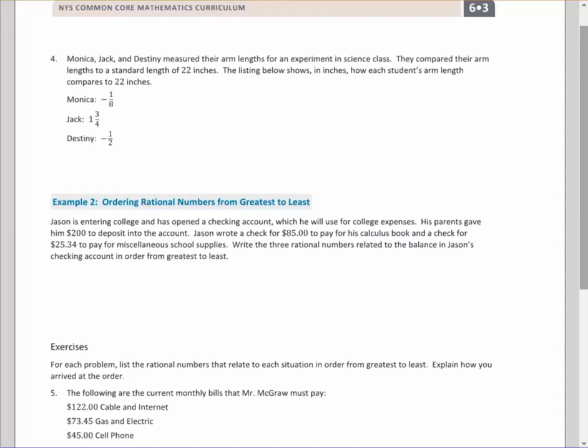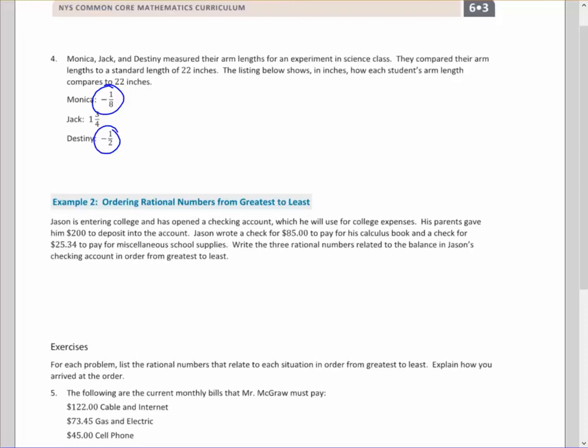So we want to put these in order from least to greatest. So we have two numbers here, negative 1/8 and negative 1/2, that are both fractions, right? So we have two options here. We can either find a common denominator to compare them, or some of you already have a pretty good concept of these fractions, so this probably isn't a big issue for some of you.